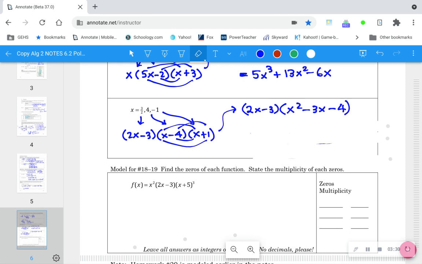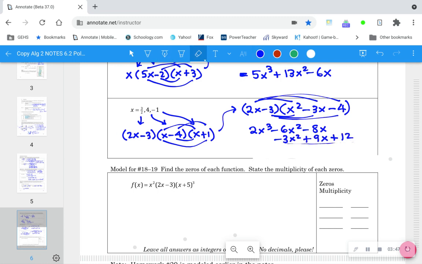Then you're going to multiply the 2x times all 3 of these, and that would give you these terms. And then you multiply the negative 3 times all 3 of these, which gives you these terms. And adding the like terms finishes the job.